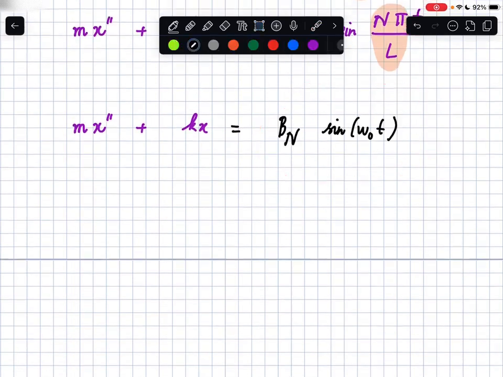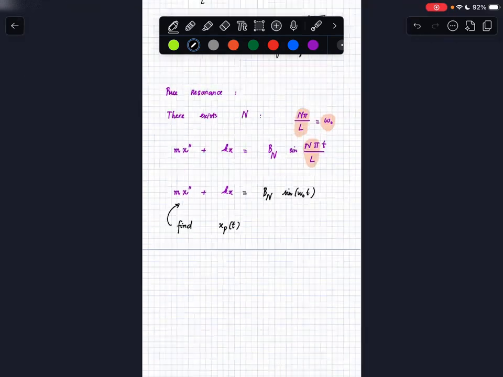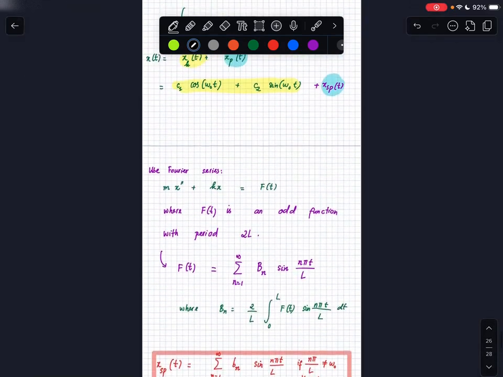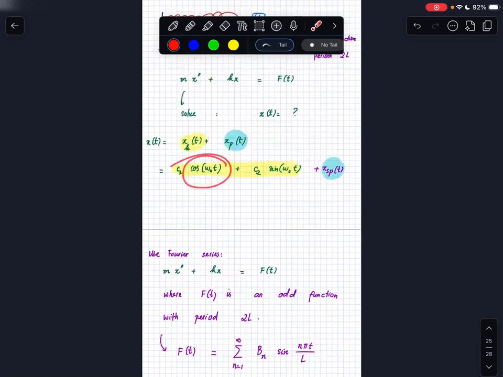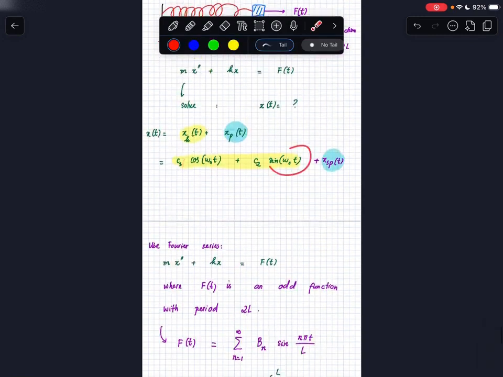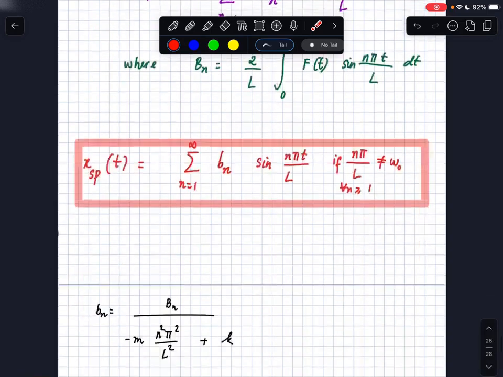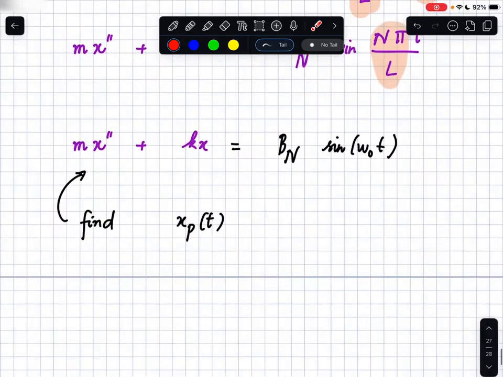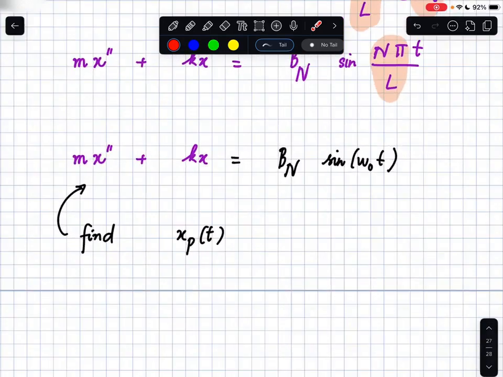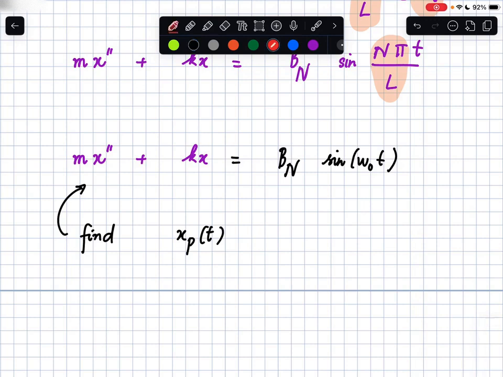Now we need to find a particular solution for that. Find x_p(t) satisfying this equation. And we know that for the homogeneous part, we only have cosine and sine. So we don't want just cosine and sine; now we need to go a bit further.